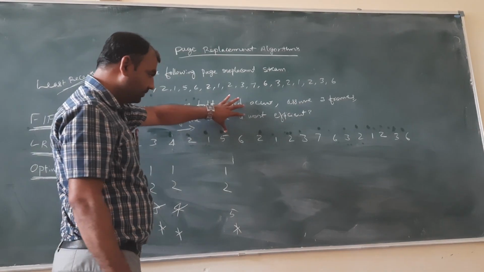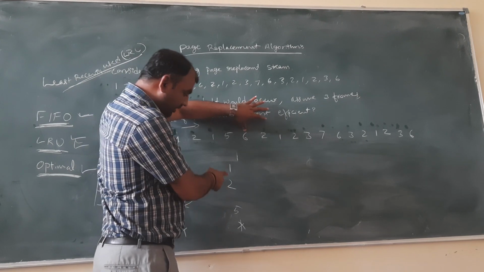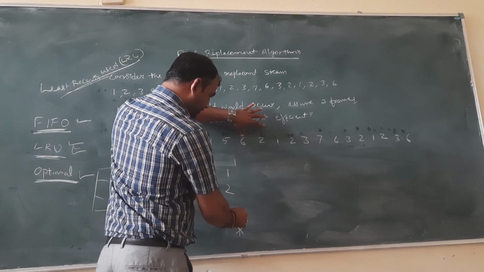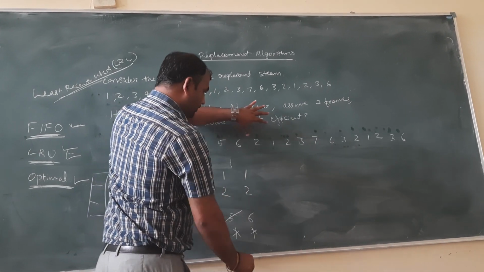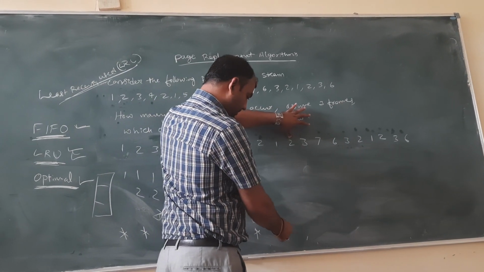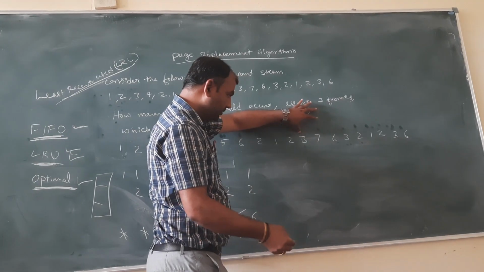Okay. So 5 is over now. We will see for 6. 6 is not there. Among these three, 2 and 1 are required soon, so just remove this one. 6, 1, 2. Next 2 is there, 1 is there, again 2 is there. Now 3 is not there here. Which one to replace?